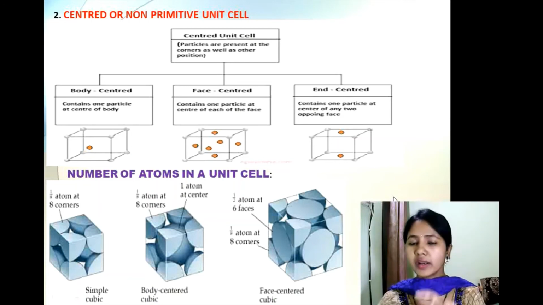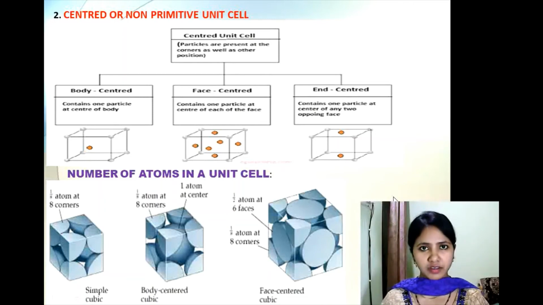So that one atom present in one face must be shared by 2 unit cells. So what is its contribution to that particular unit cell? Obviously it is 1 by 2. Is that clear? 1 by 2, because it is present in one face, so it must be shared by another unit cell also. So total 2 unit cells share one atom of the face. In this way the number of atoms in the unit cell is determined.